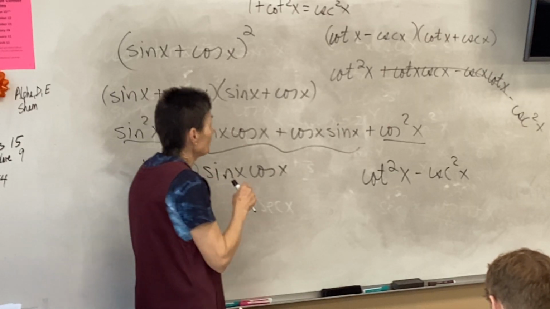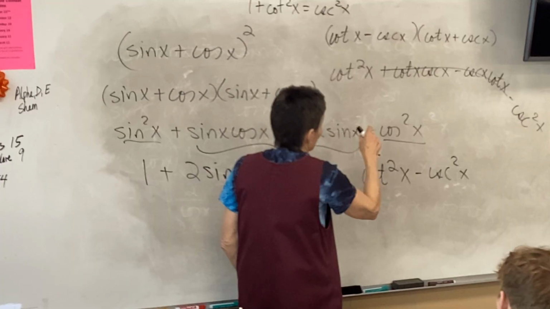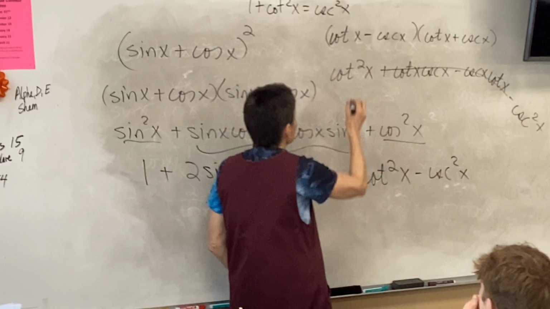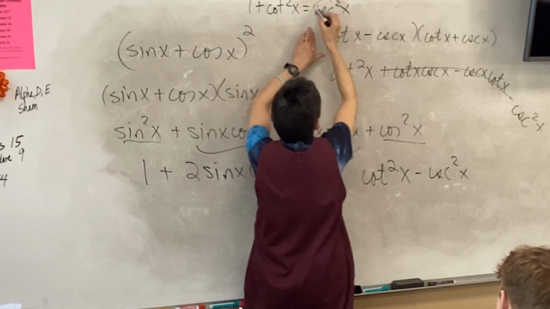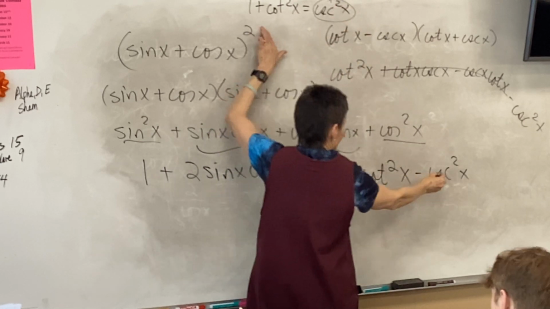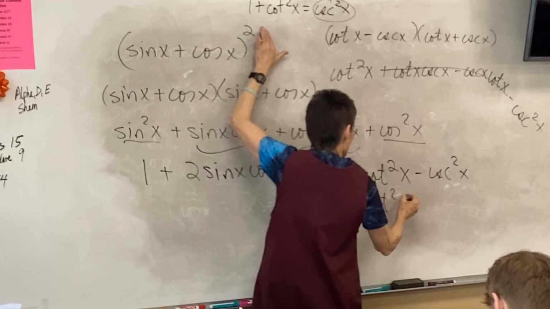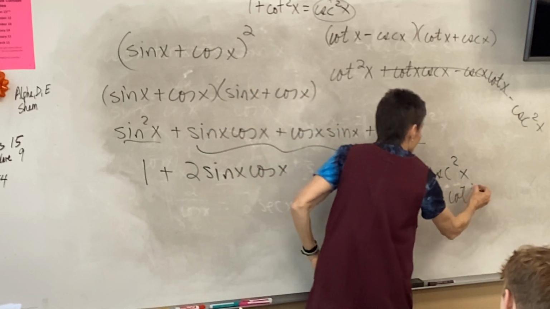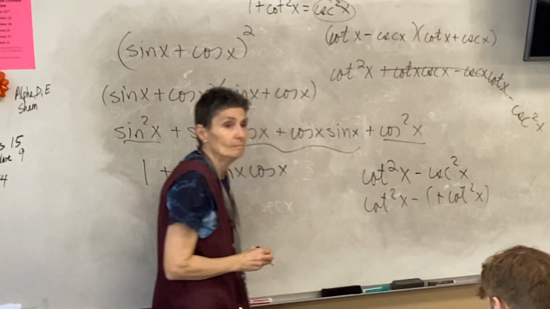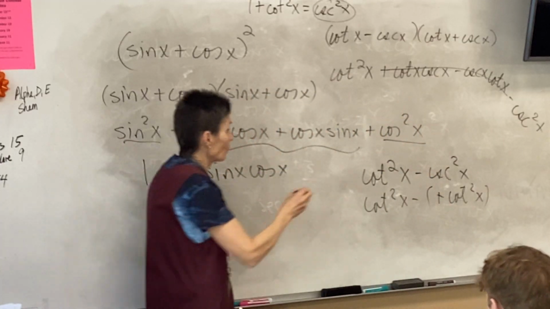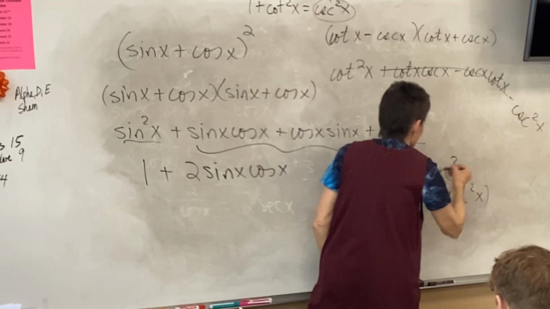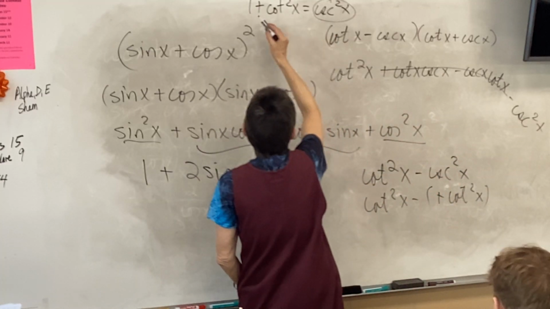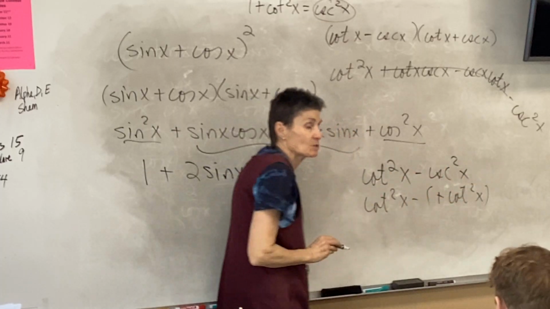Or you can simply say, what is cosecant squared? Cosecant squared, right here, is 1 plus cotangent squared. So when I'm subtracting cosecant squared, I'm really subtracting 1 plus cotangent squared, because that's what it equals.